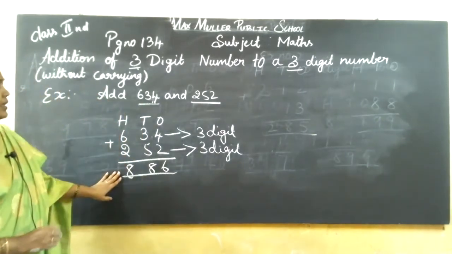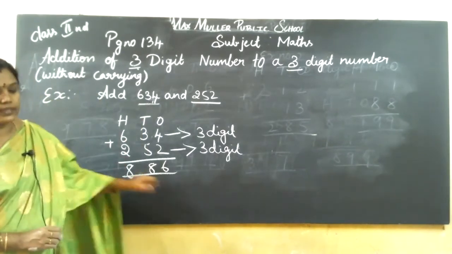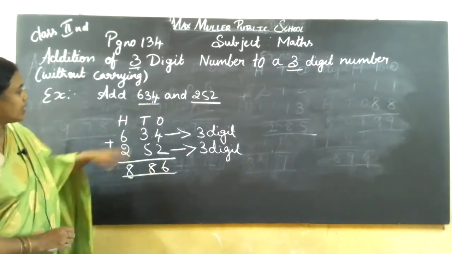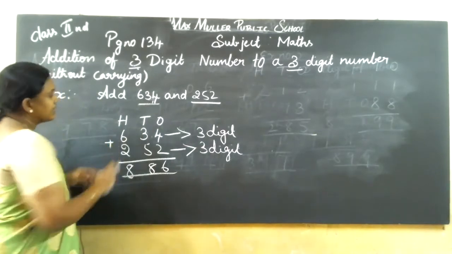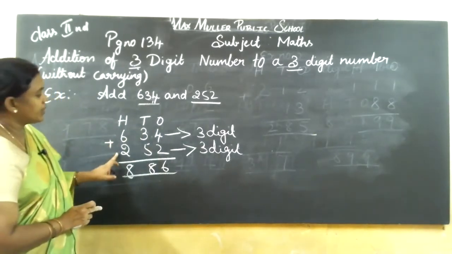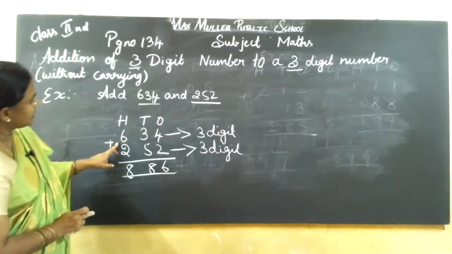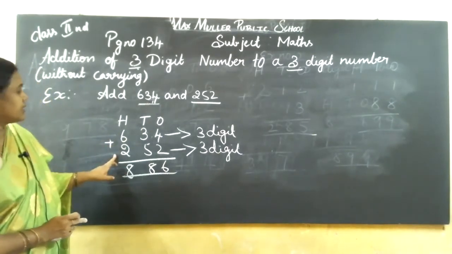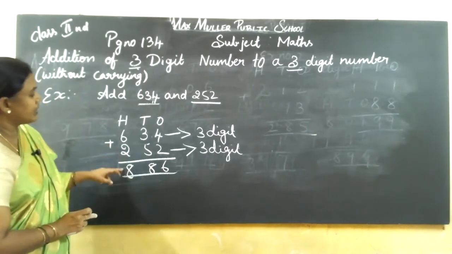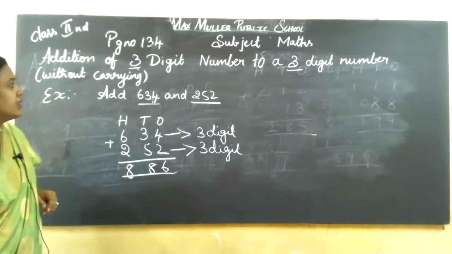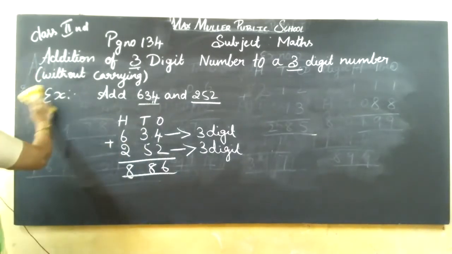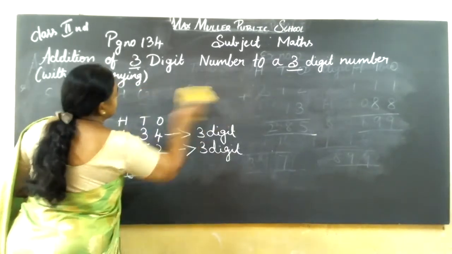This is the sum, children. 886 is the sum. So, now, understood, no? Last main, what we did here, no number down, as it is you want to write, no? Now, in this main, down also number is there. So, these 2 numbers you want to add and write. Now, we'll go to exercise number 3.